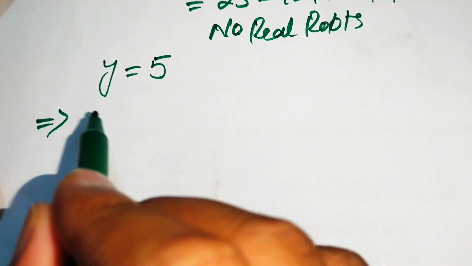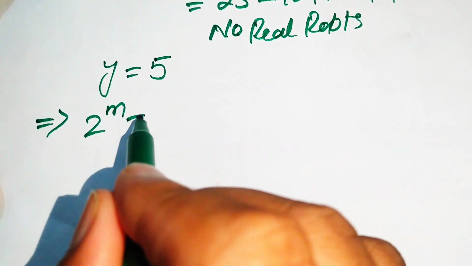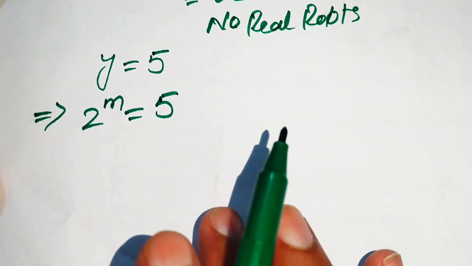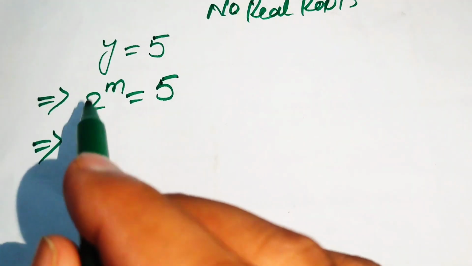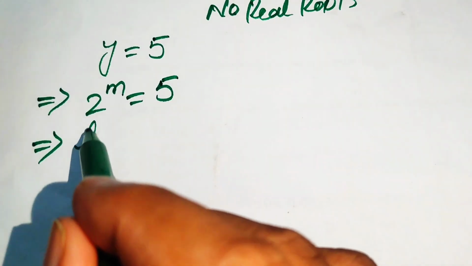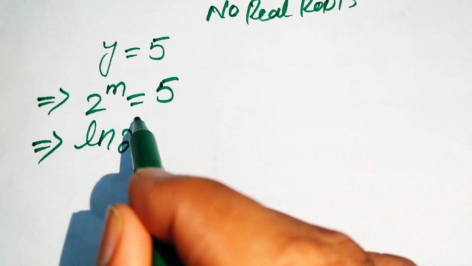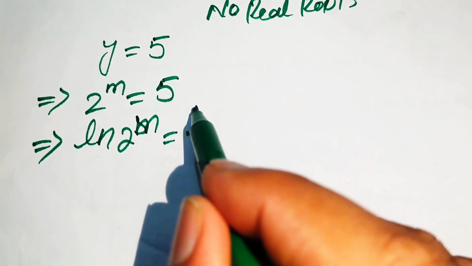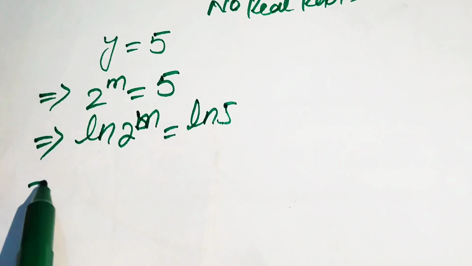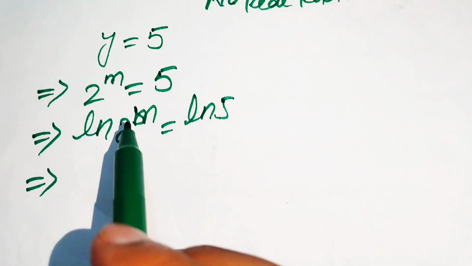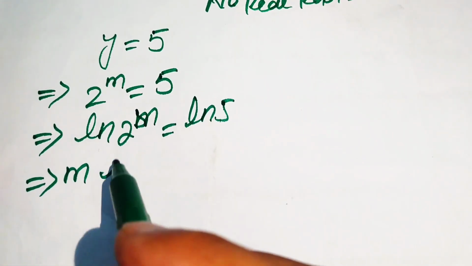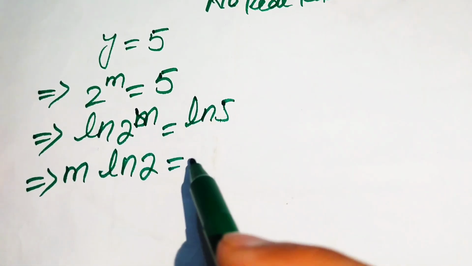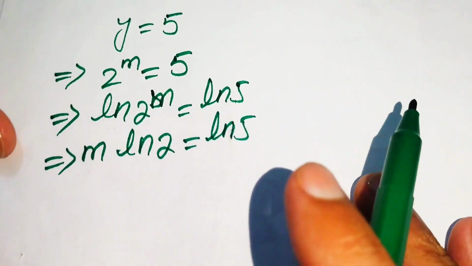So this implies that 2^m = 5. Because we are solving this problem for the value of m, we now take log on both sides, and it will be written as log of 2^m = log 5. Here we use the property of log and move the exponent in front of the log, and it will be written as m times log 2 = log 5.